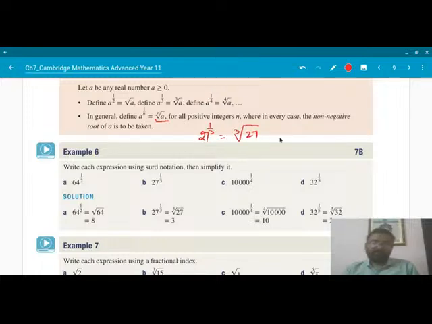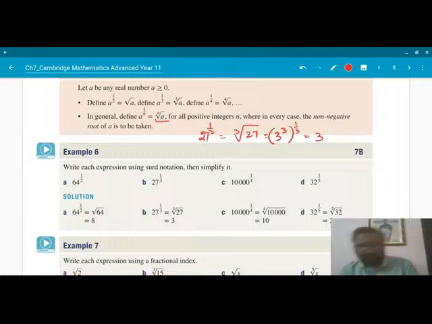Cube root means 3 into 3 into 3. So inside, 3 times, then only it becomes outside one. Or otherwise it is 3 cube power 1 by 3. It will become 3 power 1. It is 3. Most important.